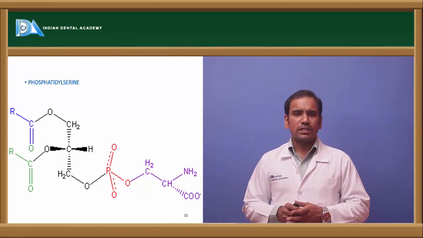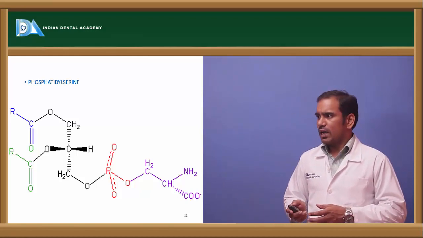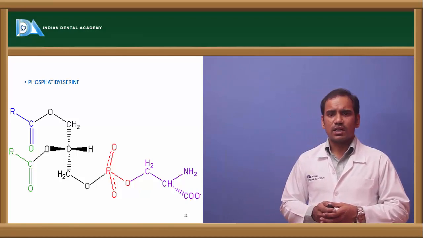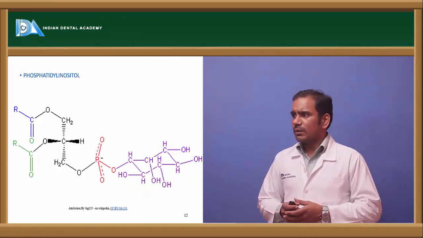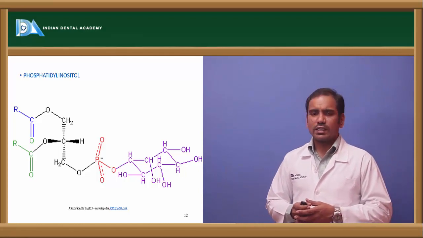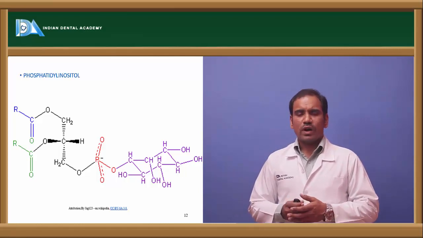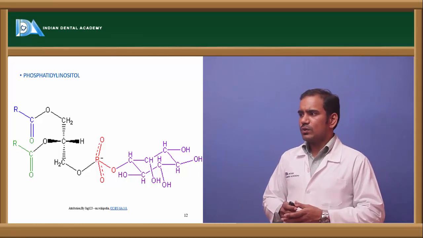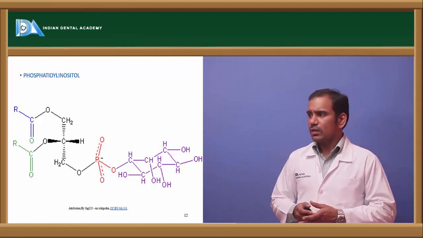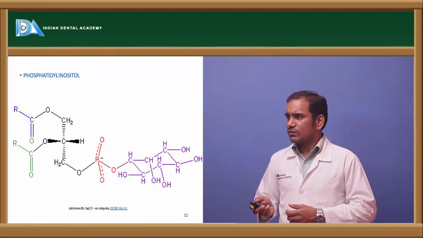And this is also present in the brain and nervous tissue. And a smaller amount of this phosphatidyl serine is also seen in blood. And coming to another glycerophospholipid, phosphatidyl inositol. So phosphatidic acid plus inositol forms phosphatidyl inositol.